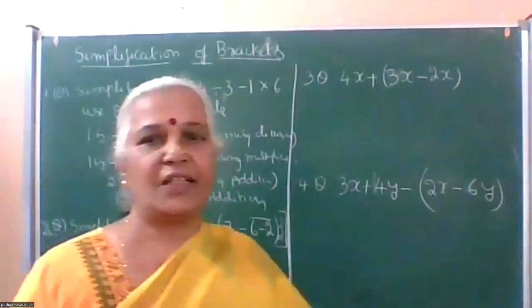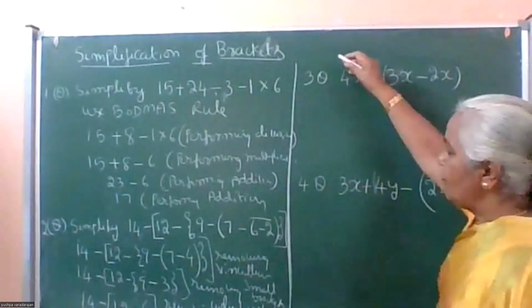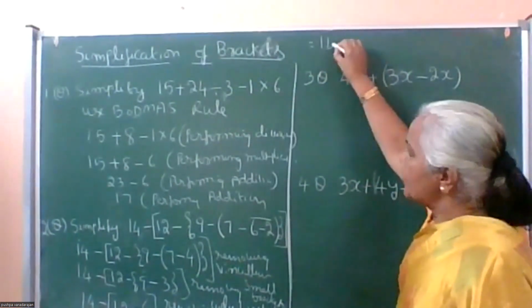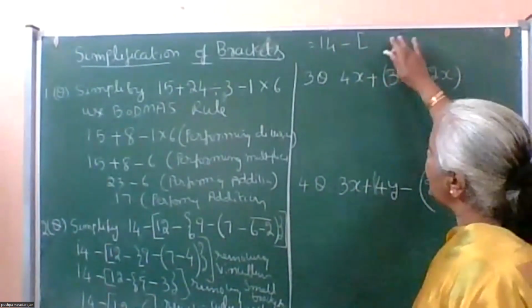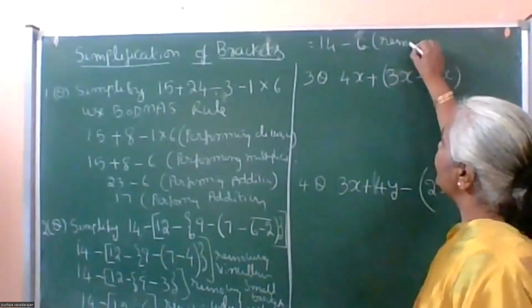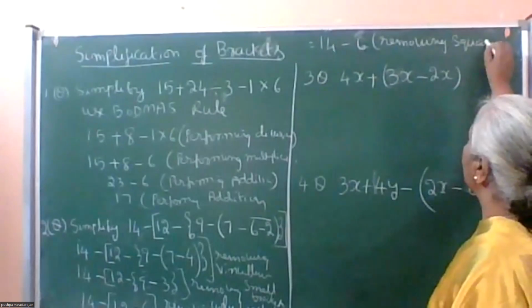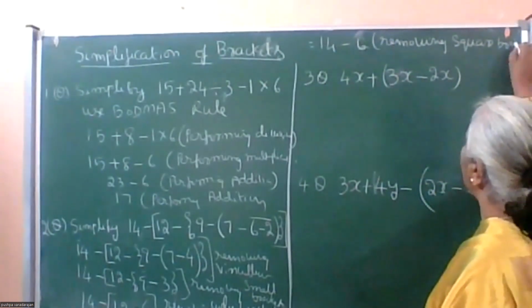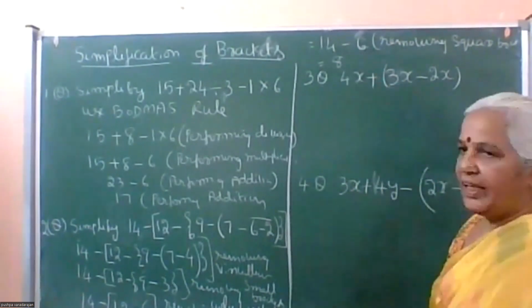Inside the big bracket there is 12 minus 6. Here 14 minus 12 minus 6. 12 minus 6 is 6. Here we have removed the square bracket or big bracket. That is 14 minus 6, which is 8.